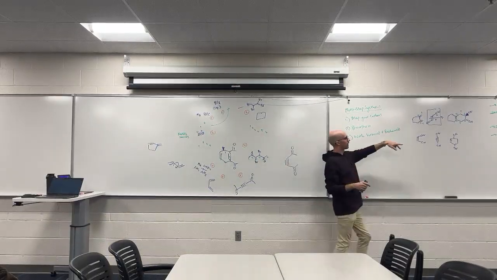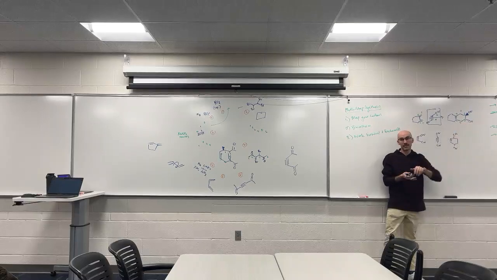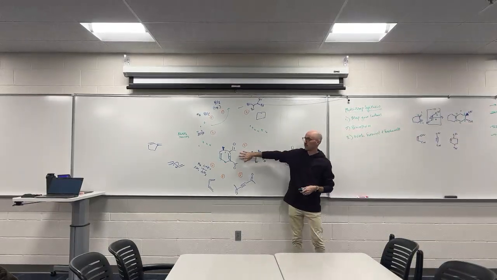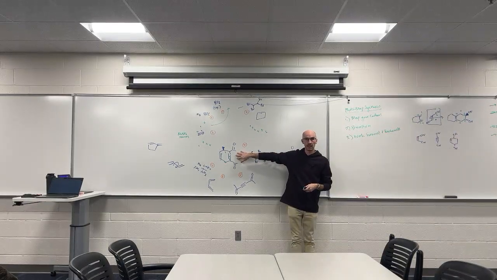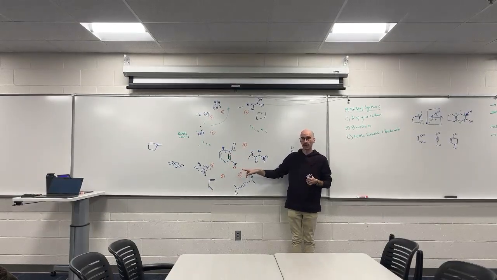So Andy said the electron withdrawing groups are trans here, as opposed to being cis. How are the electron withdrawing groups related here? Trans or cis? No. Planar. They're in the same plane because they're connected to planar carbons.